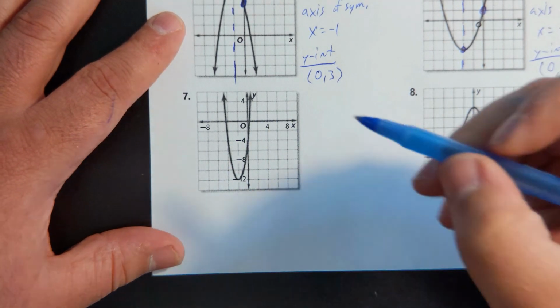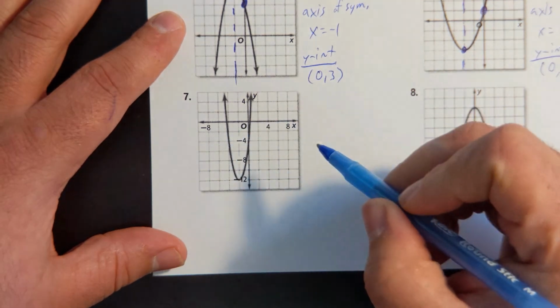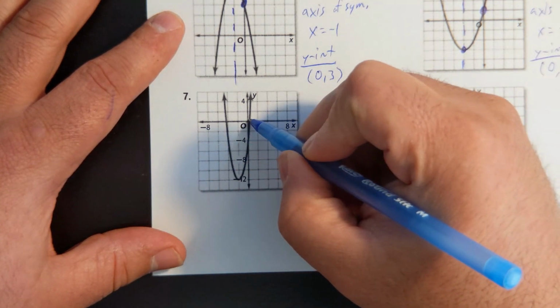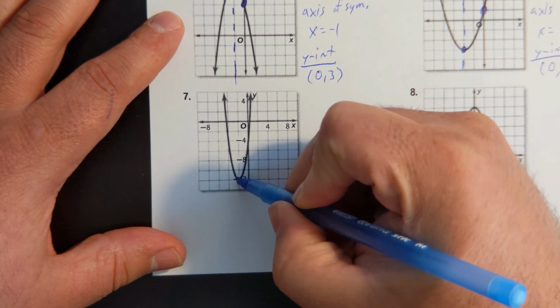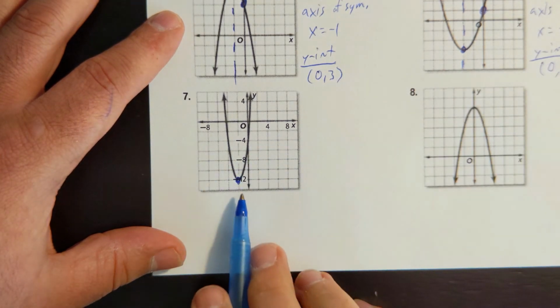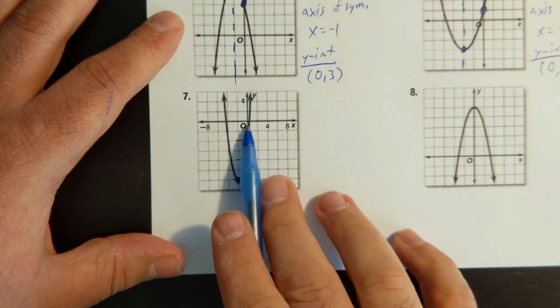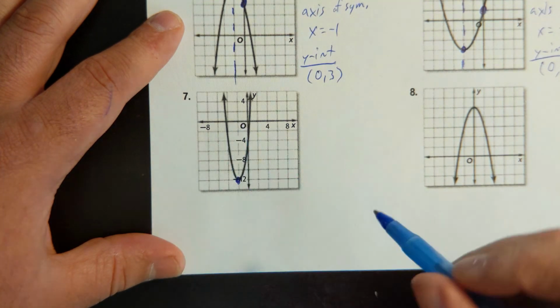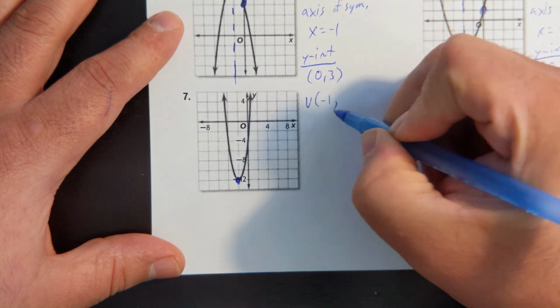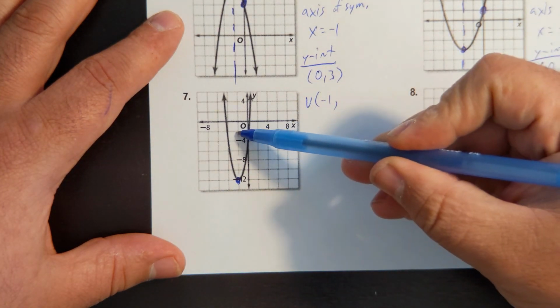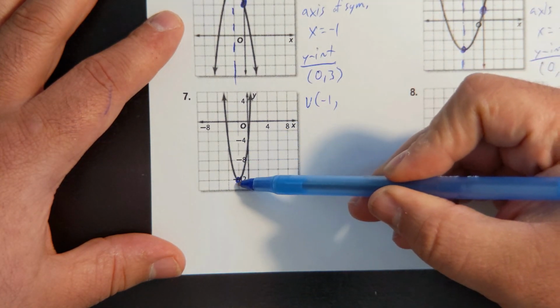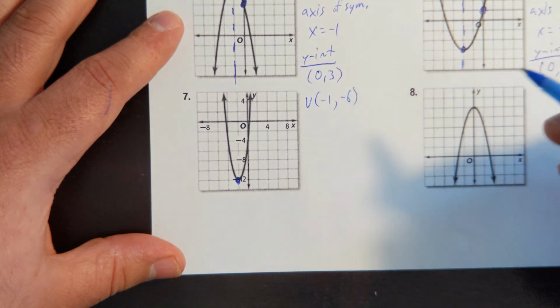Next graph to interpret. The vertex is right here, where it changes directions. This would be a minimum, by the way. The x-coordinate is -1. The y-coordinate, 1, 2, 3, 4, 5, 6 down, would be -6.